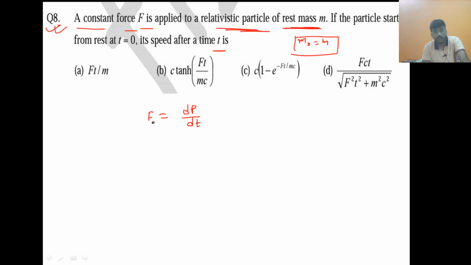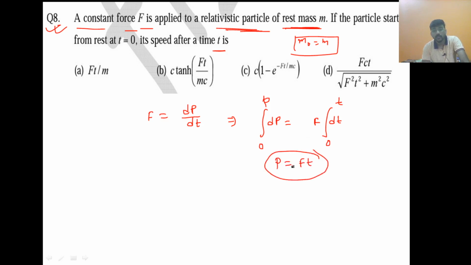F is constant, so you can write it easily as dp is equal to F dt. If we integrate, since F is constant and the particle starts from rest, at t equal to 0 its momentum will also be 0, and when its momentum is p, the time is t. So p is equal to nothing but F into t.